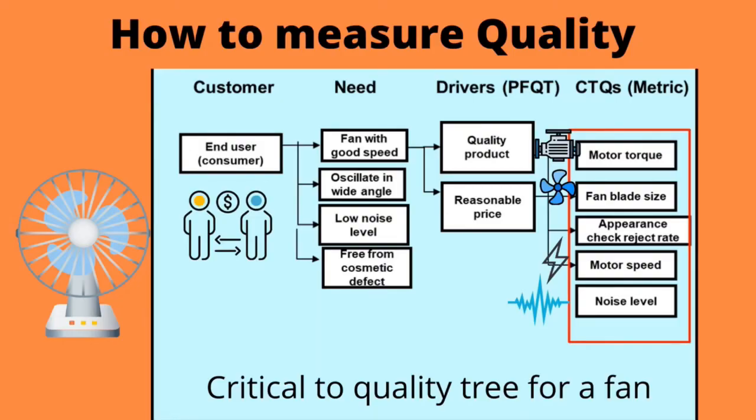Consumer and producer measure quality differently. The end user or consumer is the paymaster, therefore, the producer must understand the customer's needs. Unfortunately, not many producers appreciate this point and are able to drive this point across the organization.